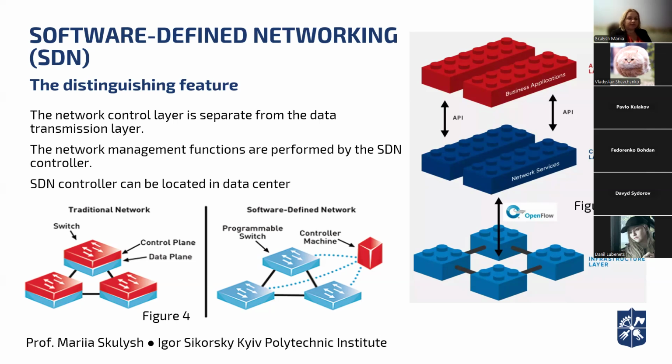For example, on the left part of the picture, we have a traditional network where the control plane and data plane are together on one node. So we have a node, a switch or router, and this router has to solve all tasks.